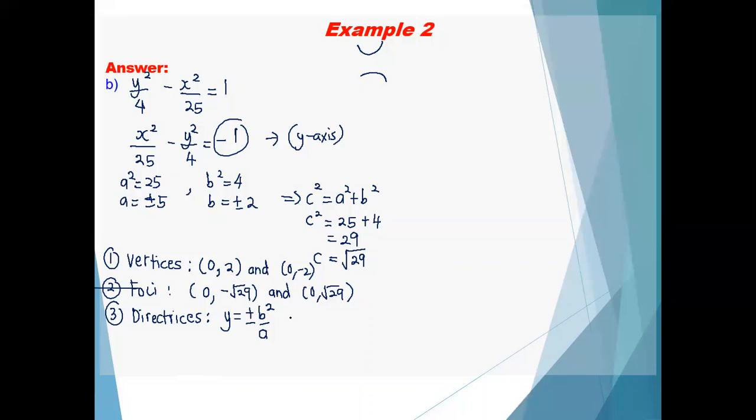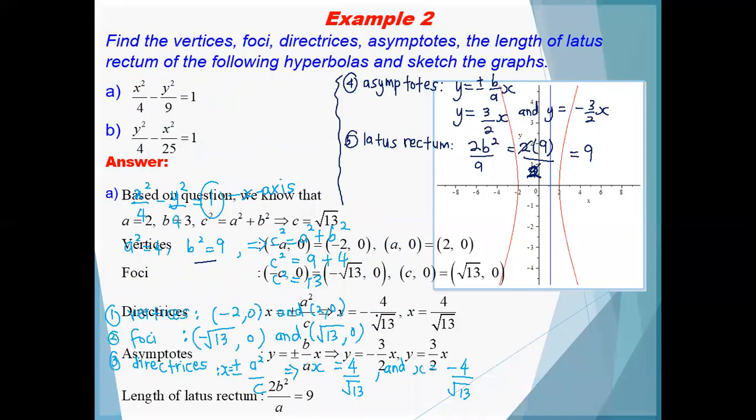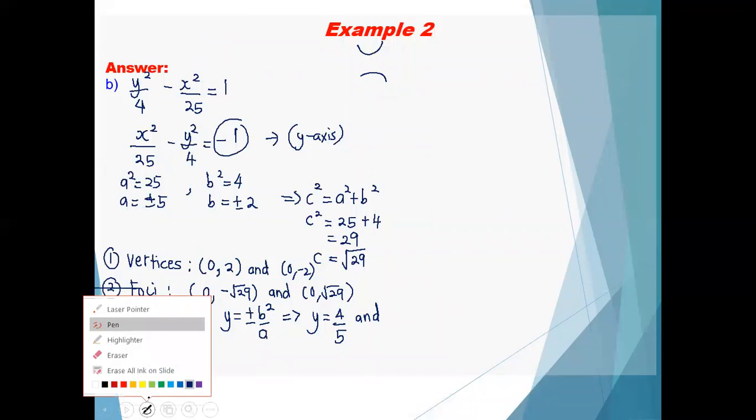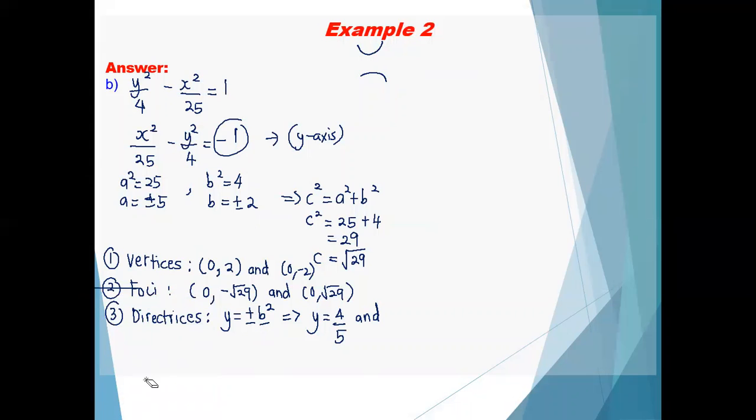So dia akan jadi y is equal to b square is 4 over 5 and directrices adalah b square over c, dia adalah negative square root 29 and y is equal to 4 over square root 29.